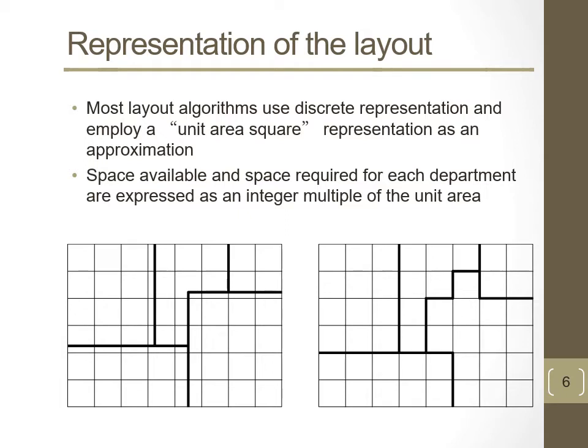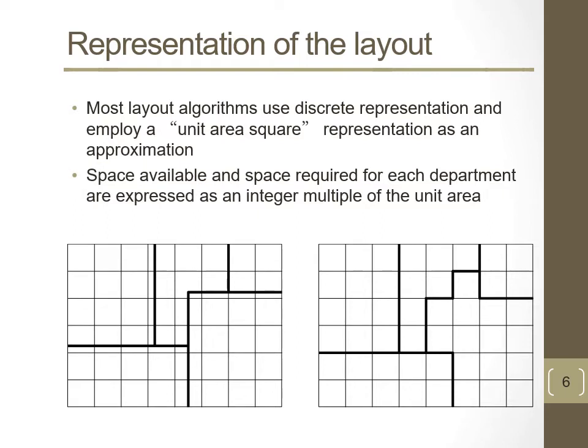We divide the whole area into smaller unit area squares. So this is one unit area, this is another unit area, and so on. And we can represent the departments by such smaller blocks, and we can input these blocks to the computers. We will show you how to do this.